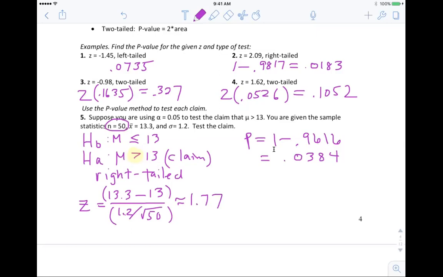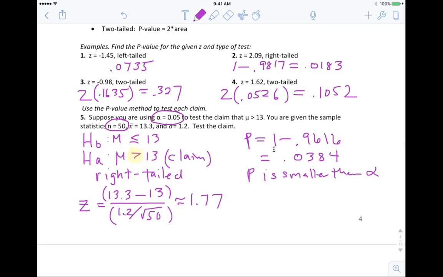So that's when I'm doing step 5. On step 5, I'm comparing P to alpha. Notice here that P is smaller. You got like 3% compared to 5%, right? P is smaller than alpha.